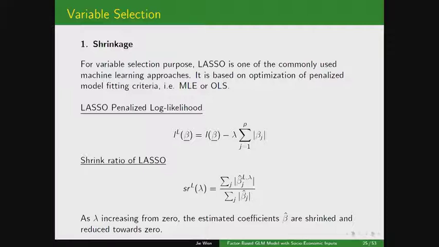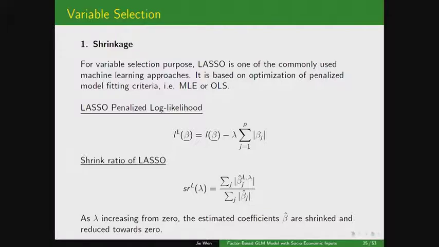LASSO, instead of maximizing the full log likelihood function, maximizes the penalized log likelihood function with an additional penalty term, which is lambda, a penalty factor, times the sum of absolute values of all of the coefficients to estimate.